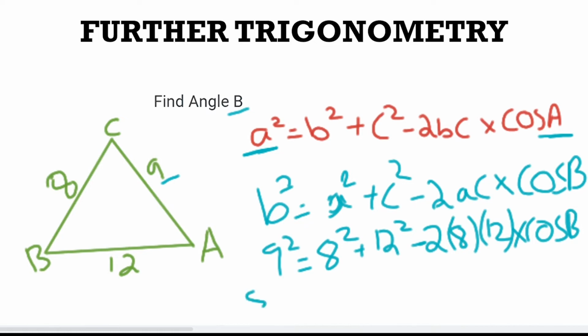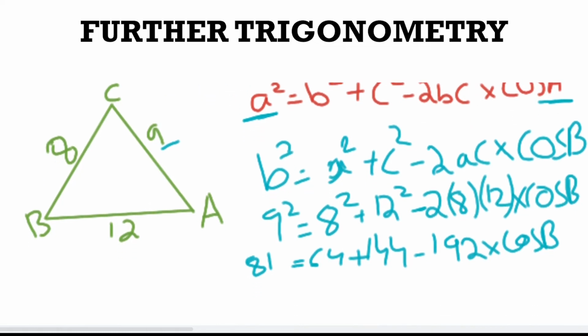So it will be 81 is equal to 8 square is 64 plus 144 minus 192 multiplied by cos B.